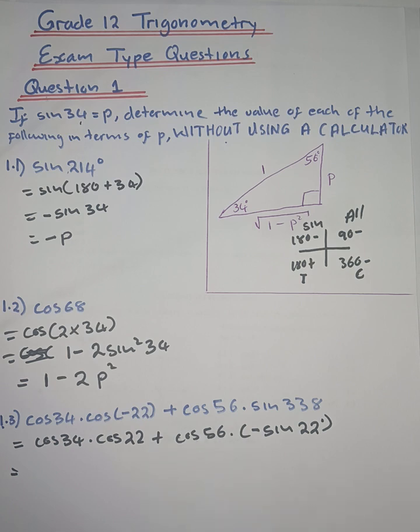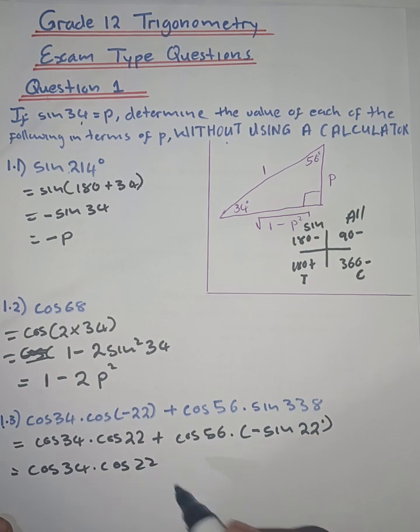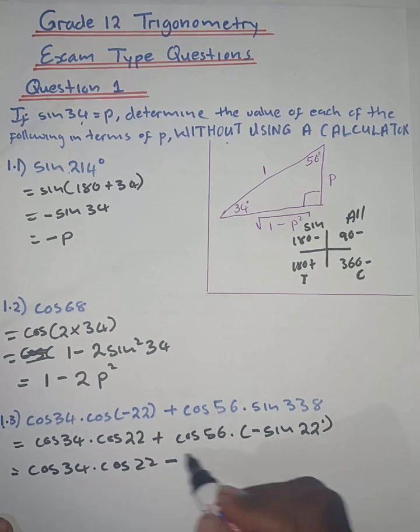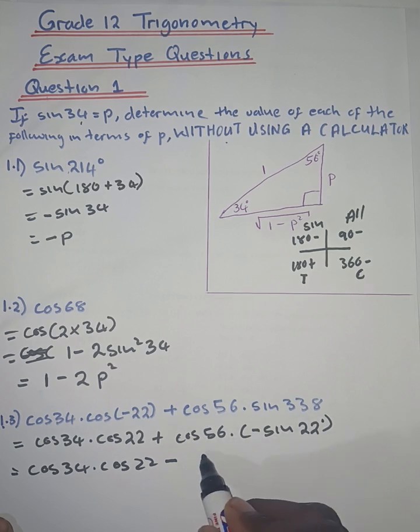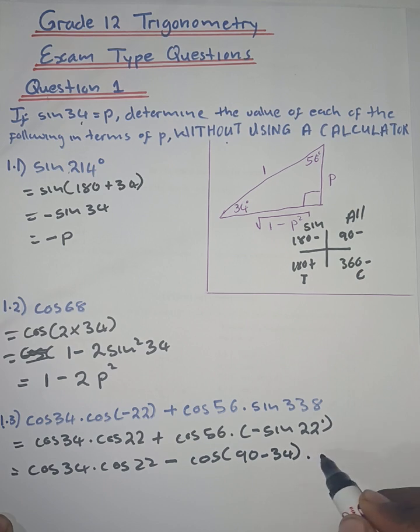What you would eventually notice is that we can rewrite that cos of 56 as cos of 90 minus 34, and that will be multiplied by sine of 22.